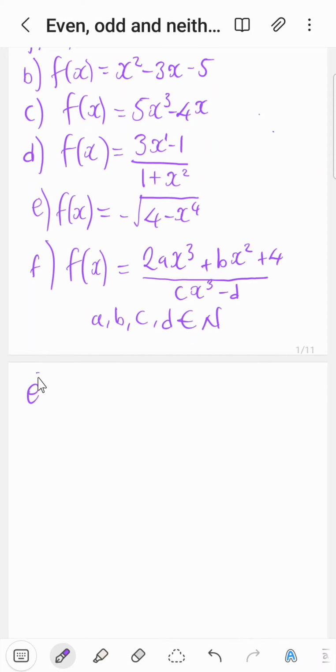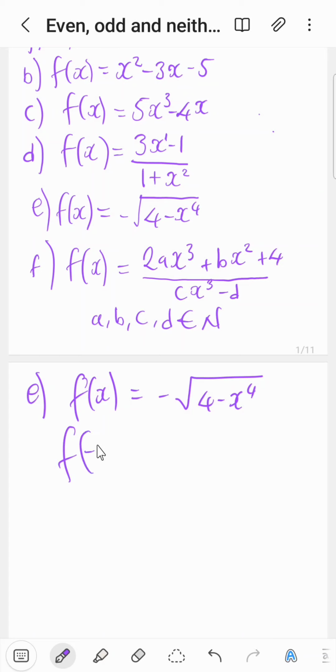So we move on to our E. So what's our E? f of x equals negative 4 minus x to the power 4. Do your magic there. Do some magic. Okay, we'll see. Keep it to yourself. We see if it will give you what you think it is.